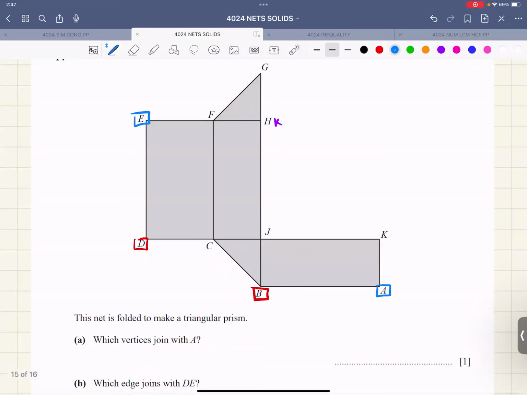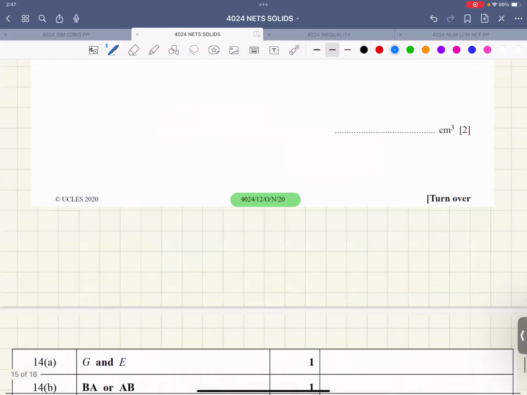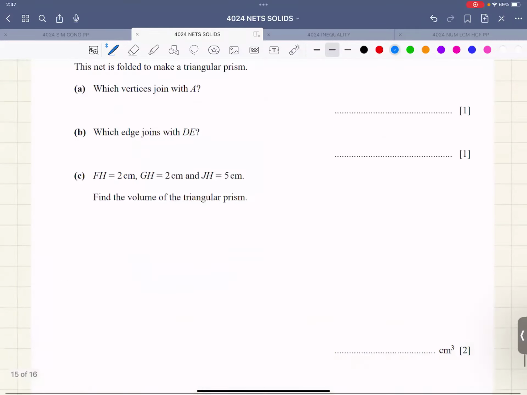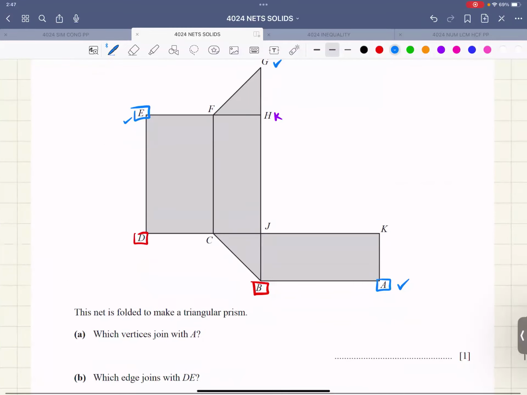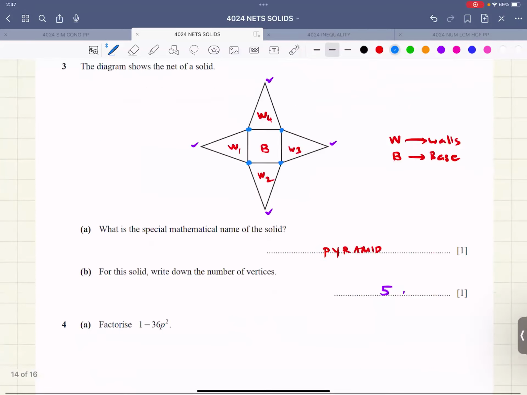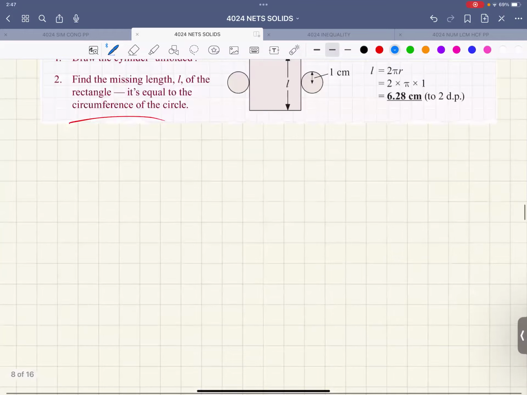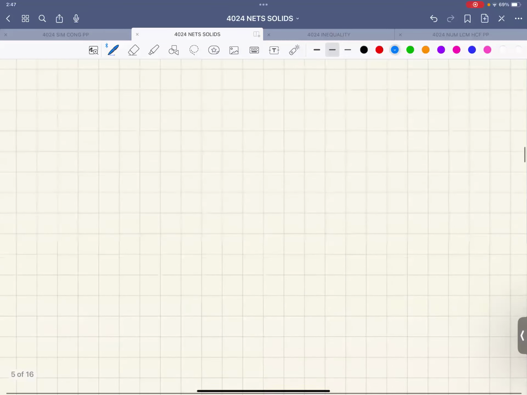Which vertices will join with A? So what will join with A? I think A will join E and A will join G. Let's double check. A will join G, A will join E. Okay, because it is like this figure. So let me grab that figure from upstairs. There was this triangular prism.